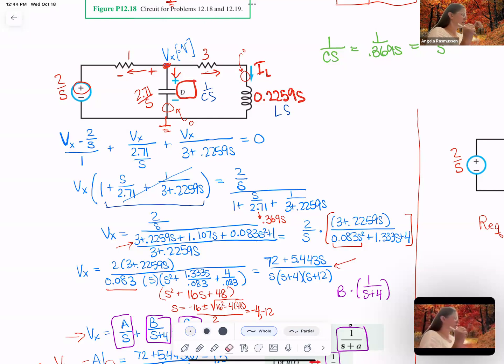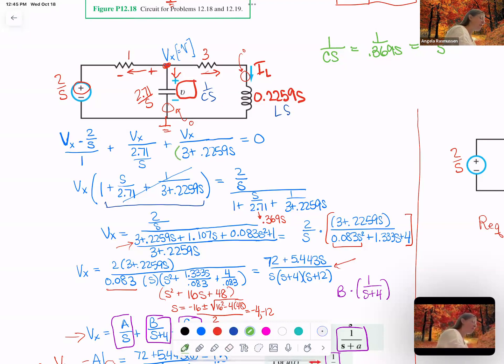And then the current going down is going to be Vx over 2.71 over S, or Vx over 1 over 0.369 S. And then plus Vx over 3 plus LS.